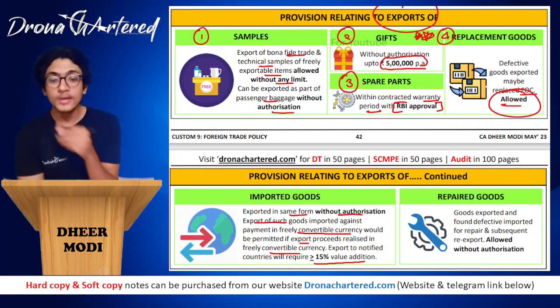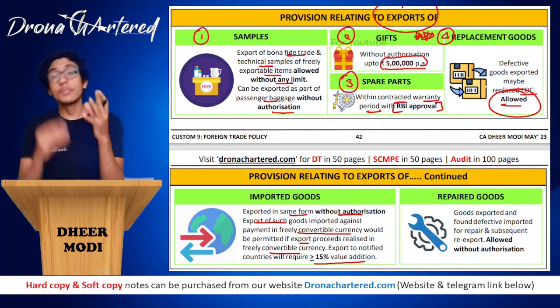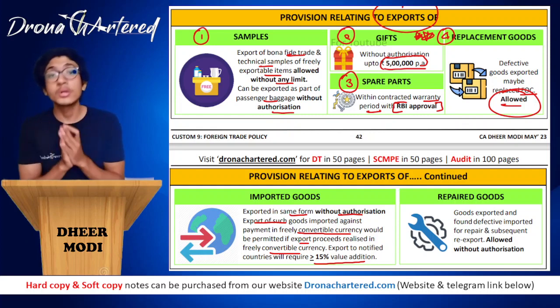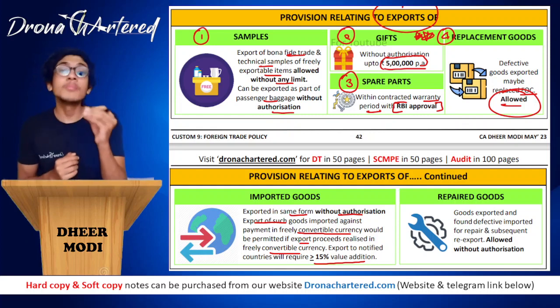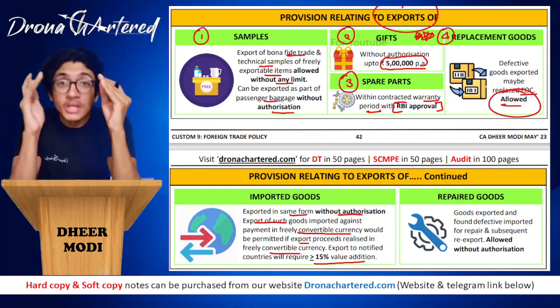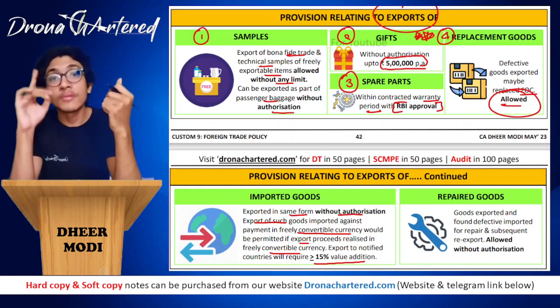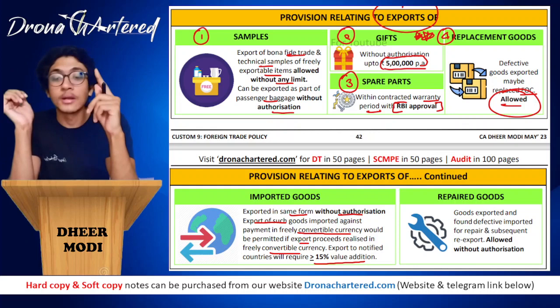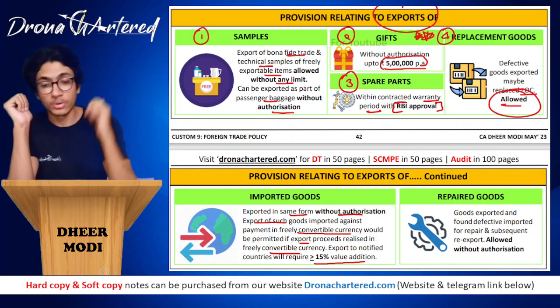So there will be a list of notified countries. If you are exporting to those countries, you will require minimum 15% or more value addition. That means if you had imported for 100 rupees, minimum you will have to bring in foreign currency worth 115 rupees. Only then will this be allowed.